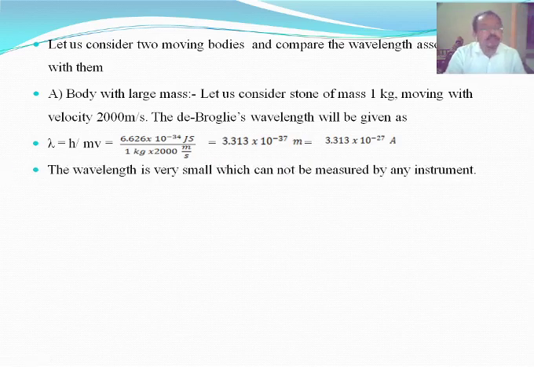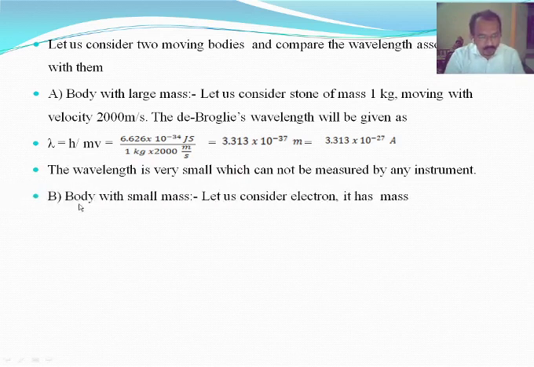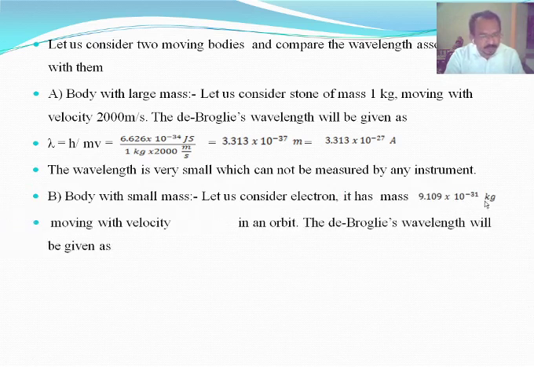Now similarly, we can find the wavelength for a body with a small mass. Let us consider an electron. It has a mass of 9.109 into 10 to the power minus 31 kg, and its velocity is 1.20 into 10 to the power 5 meter per second in an orbit.